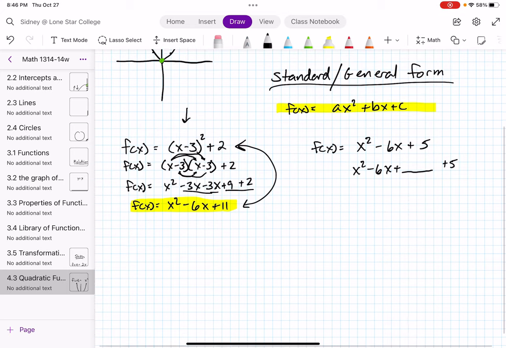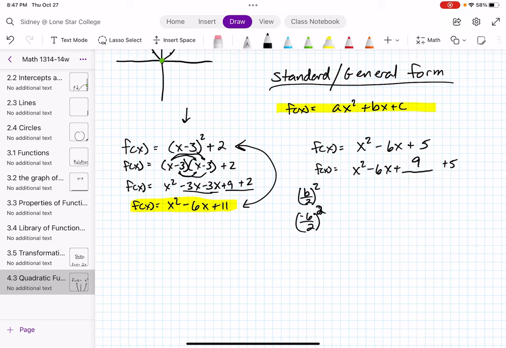Now one of the keys to doing this is compensating. So I know that the perfect number is going to be half of that middle term, (b over 2) squared. So half of negative 6 is negative 3. And that's going to be negative 3 squared, which is 9. So I have to add 9.